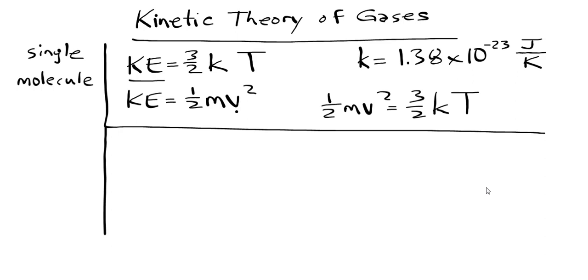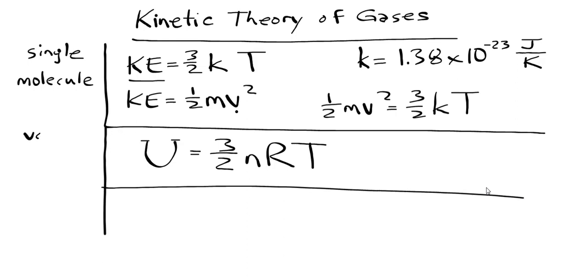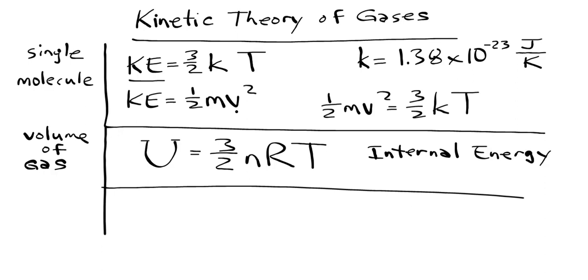The energy contained in a group of molecules still has this 3/2 in it, but it depends on the number of moles, n, R, the same value used in the ideal gas law, and the temperature. So this is for a volume of gas, and often this is also referred to as the internal energy of the volume of gas. This also can be used in conjunction with some of our other formulas.